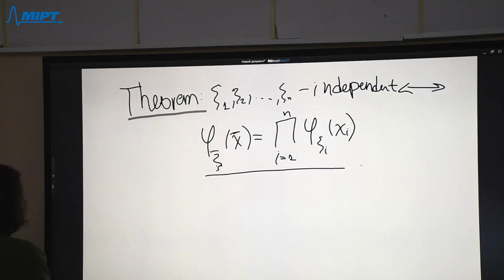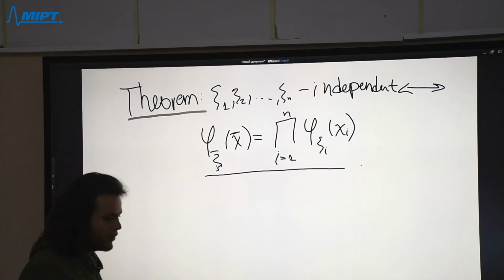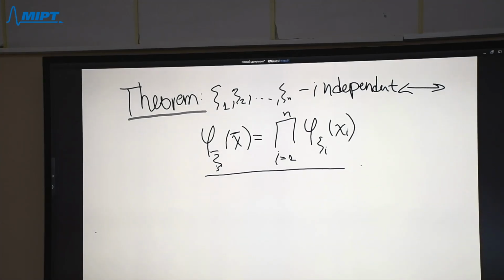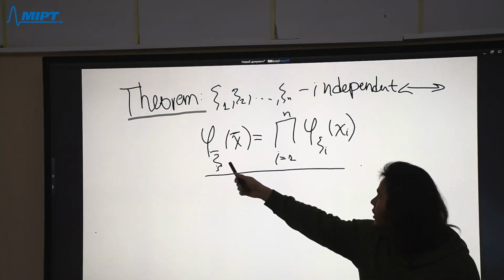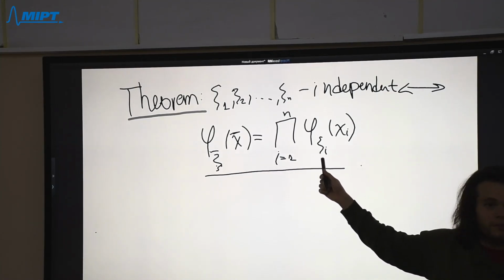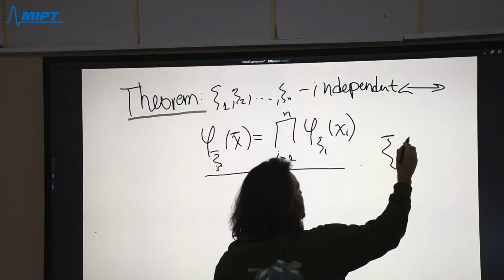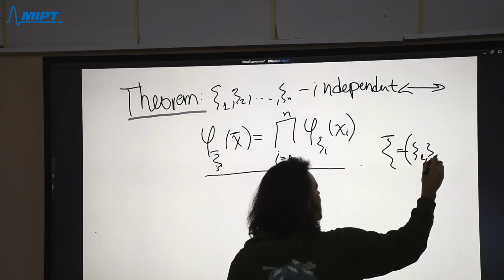Okay. Now we need something else. This is called the continuity theorem, I think. This is a vector, and these are random variables. So psi overline is just this vector, xi1, xi2, xin.